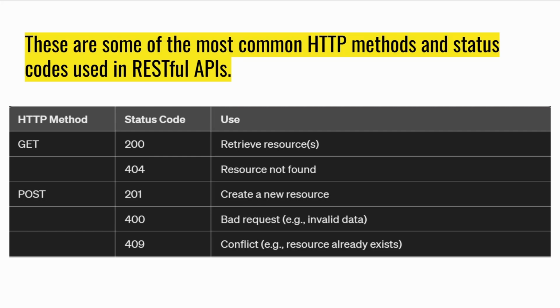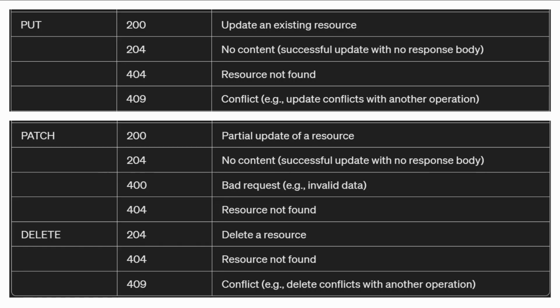And in a POST request, when we have 201 as the response, it means created a new resource. And when we have a 200 response in a POST, it also means retrieved resource, which is a success response. While 400 stands for a bad request, 409 stands for a conflict.